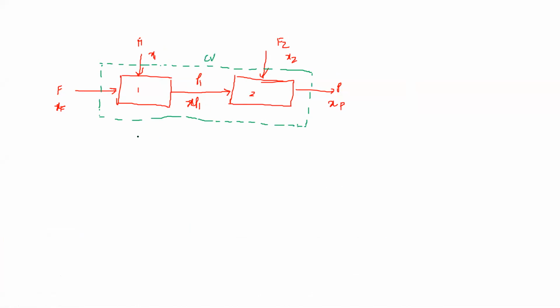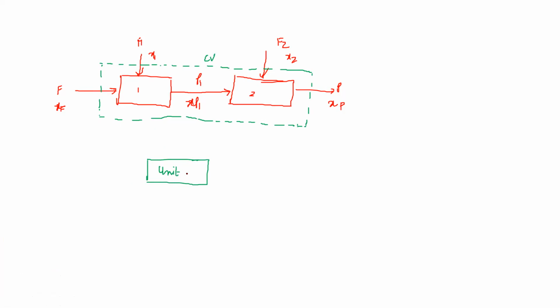And then I will consider this green box as my only unit, and I'll see which streams are being transferred from the surroundings to this box or from this box to the surroundings. You can see this P1 stream is being transferred from unit 1 to unit 2. Therefore, we are just going to eliminate P1.